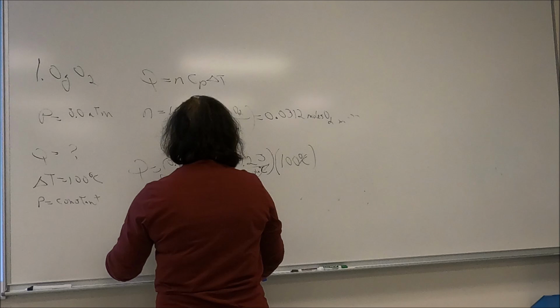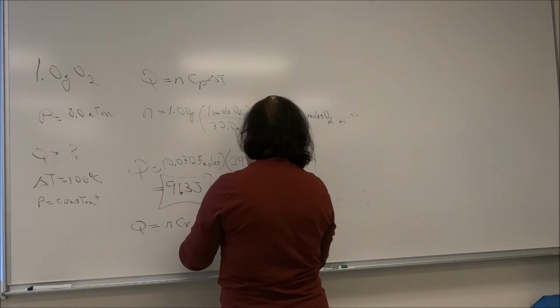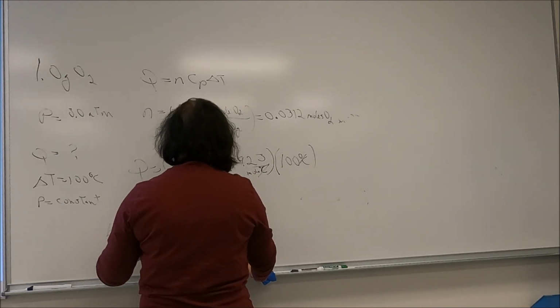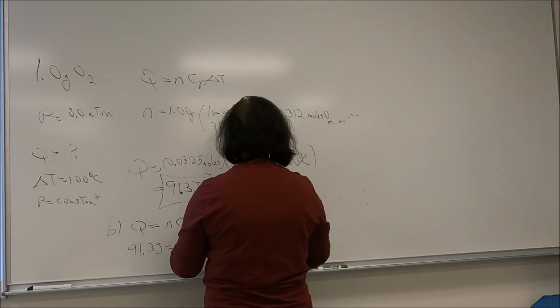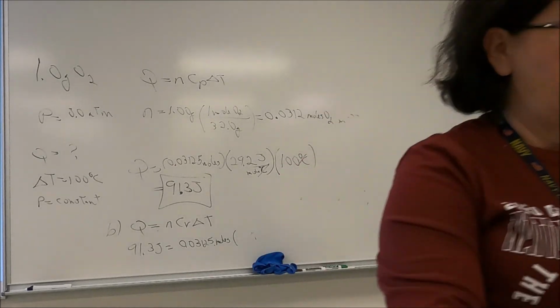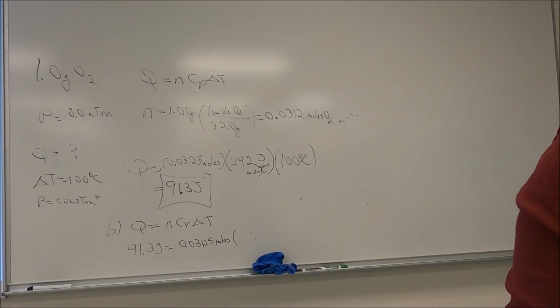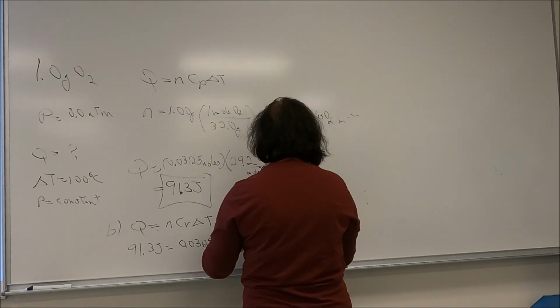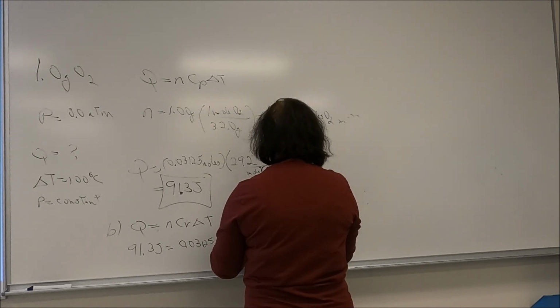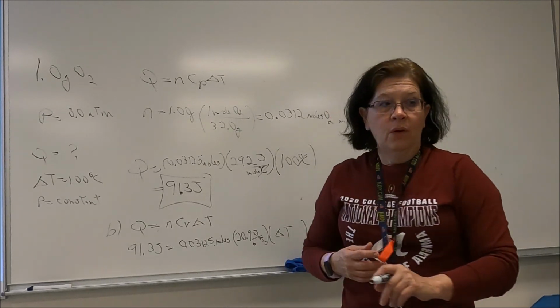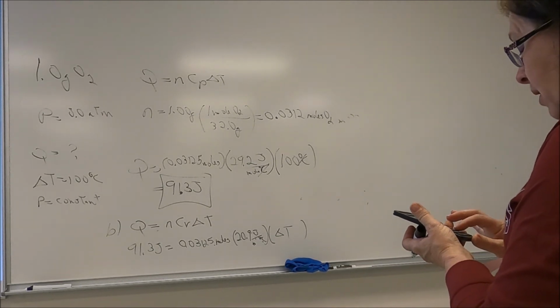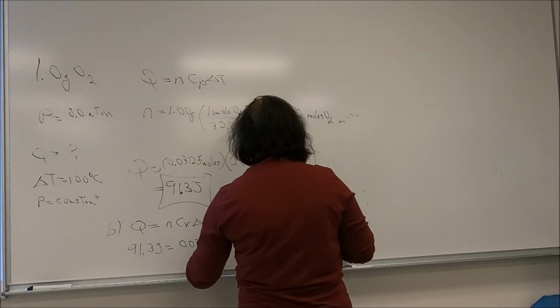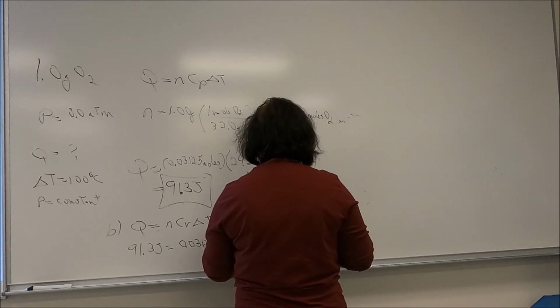So now I'm dealing with Q equal to n C_V delta T. So 91.3 joules is equal to 0.03125 moles, and the C_V for oxygen is 20.9 joules per mole degree C, times delta T. So 91.3 divided by 0.03125 divided by 20.9 says that the change in temperature is going to be 140 degrees C.